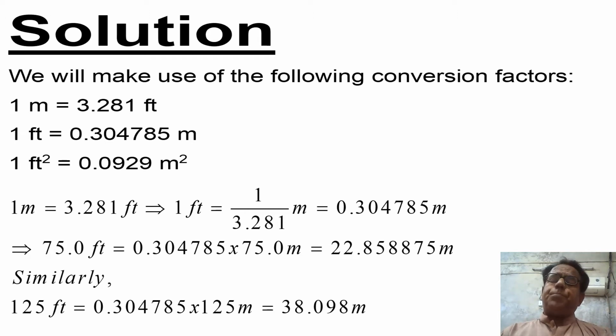No doubt, in the tables of conversion factors, which are usually included in the appendix at the end of almost all textbooks, all these three conversion factors are given. But as you have seen here, we need only the first conversion factor; we can derive the second and third ourselves.